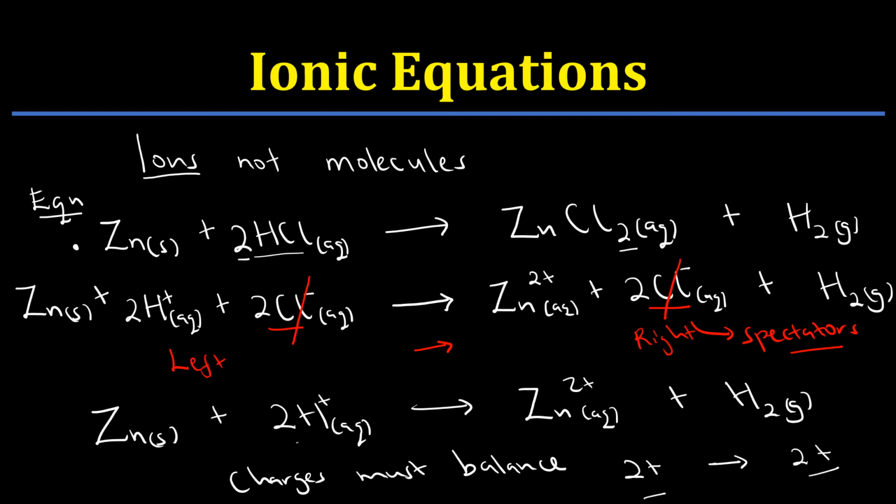So one thing to note is that the charges must balance just like the number of atoms or ions. So in this case, this will be our ionic equation or net ionic equation for the reaction of the lab preparation of hydrogen gas. Yes, we shall have one more example or two, and then we shall call it a day.